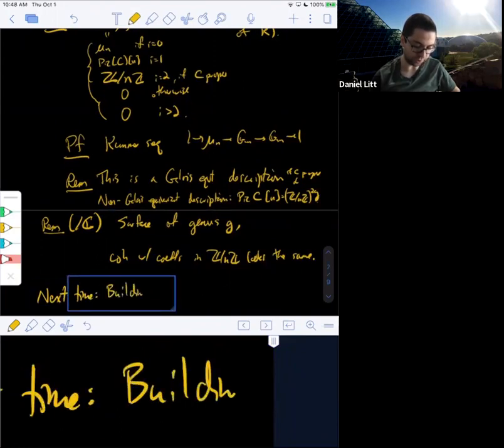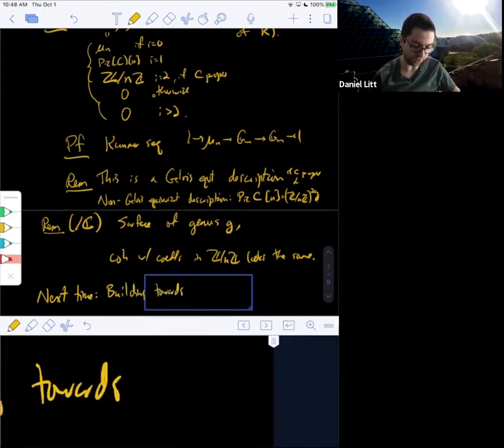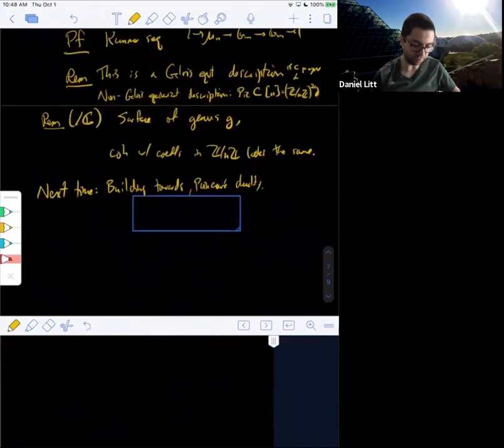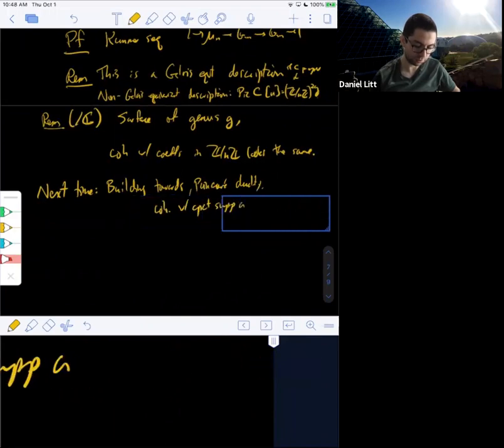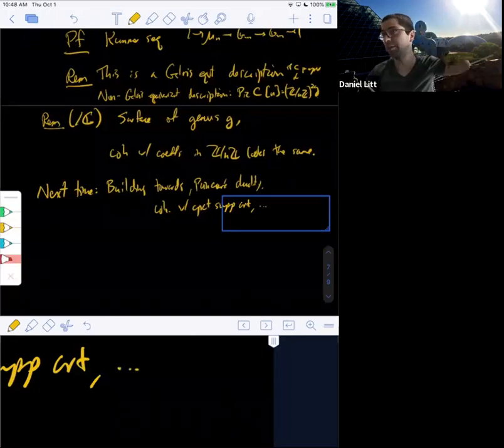We're going to start building towards Poincaré duality, cohomology with compact support, and understanding something about the cohomology of higher dimensional varieties. All right, so we have 1 minute left. Any questions?